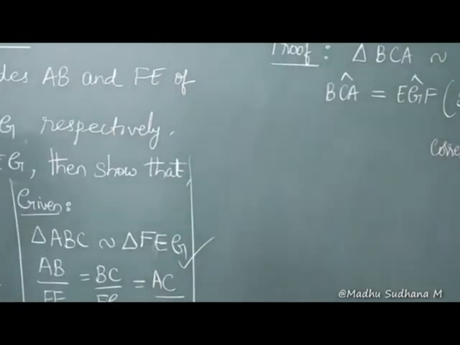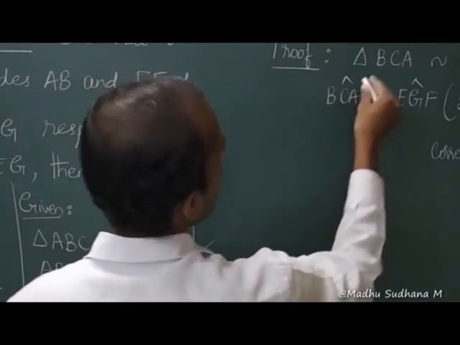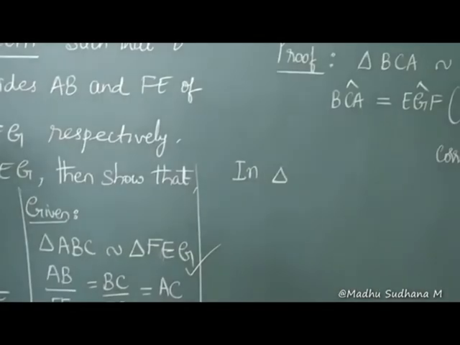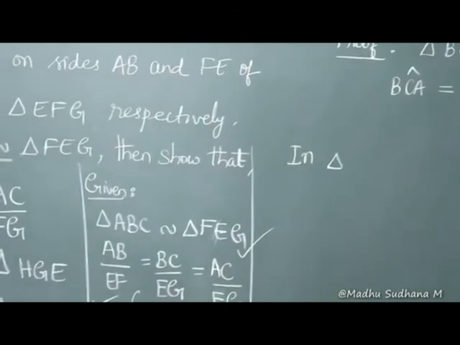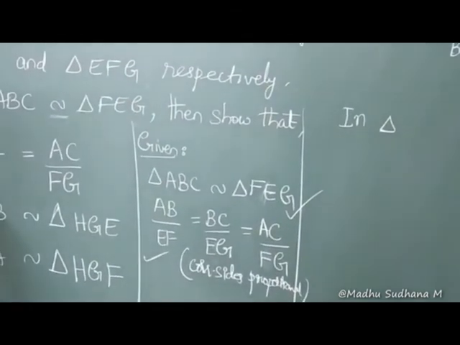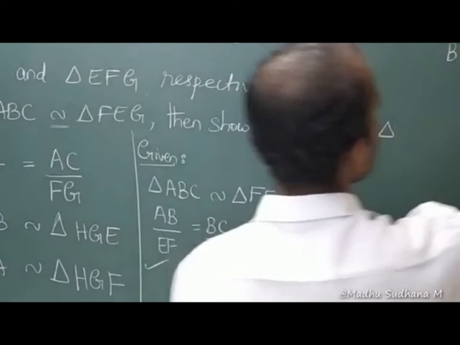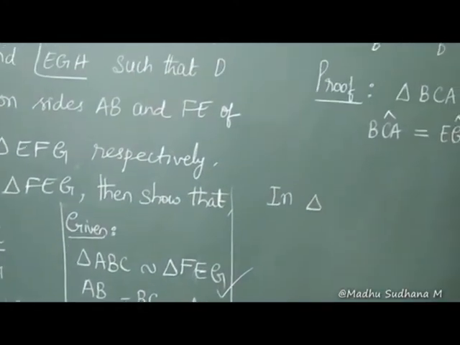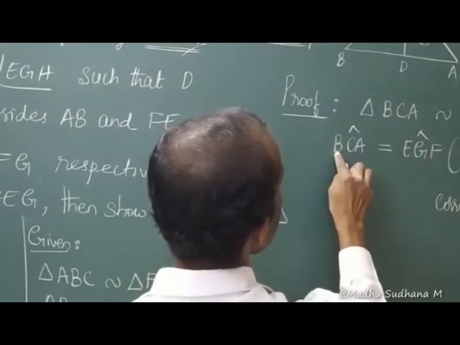Moving further now. So in triangle, let us consider, what is to be proved here? CD by GH. Let me take this triangle. Let me call this one here, and this one here. So what is BCA actually?